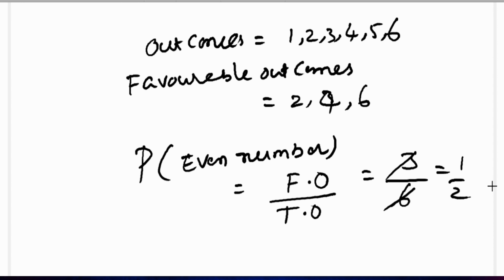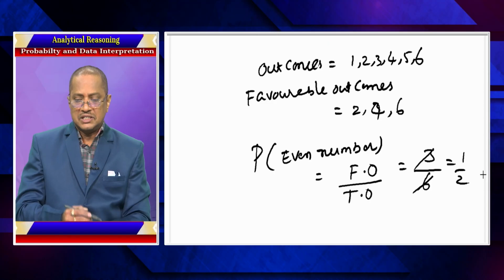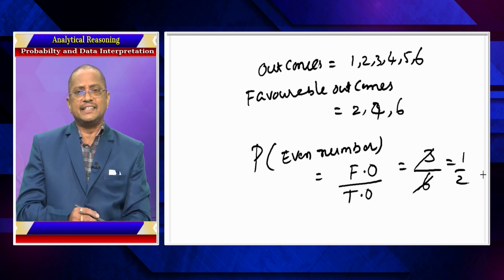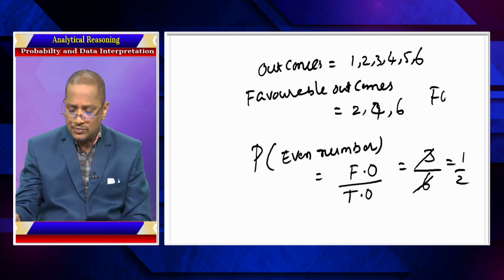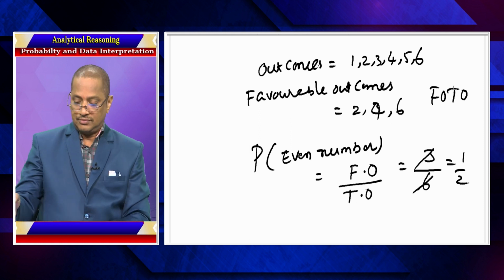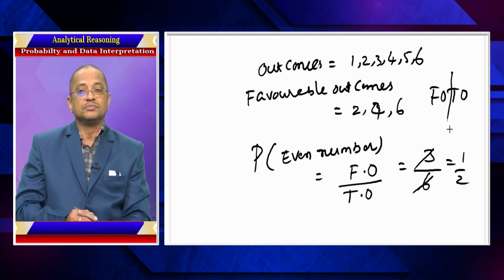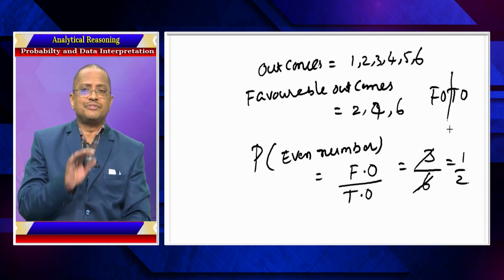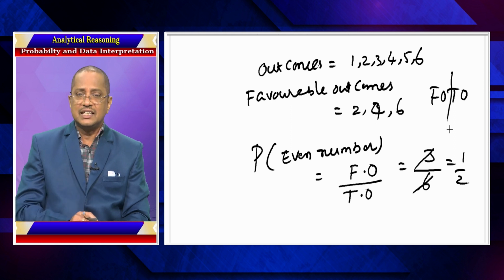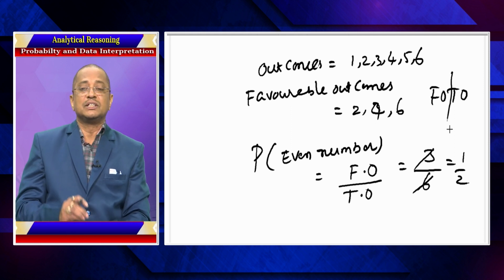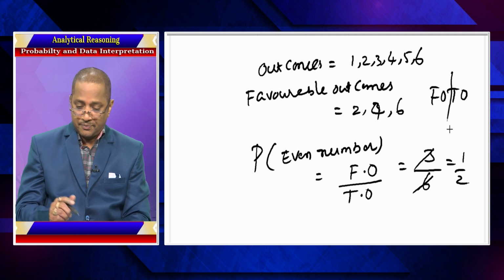If you want to remember this, I will give you a small idea. Just remember the word FO by TO. So simply, this is the only one formula for probability. The probability of an event is favorable outcomes by total outcomes.